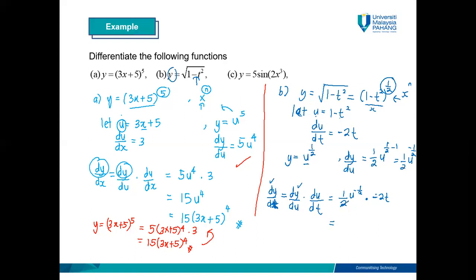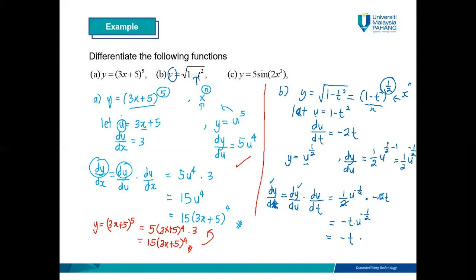So ini boleh cancel off, so dia akan jadi negative t u power of negative 1/2. So jangan lupa gantikan what is your u. Soalan kita dalam t ya, y is equal to square root of 1 minus t square.